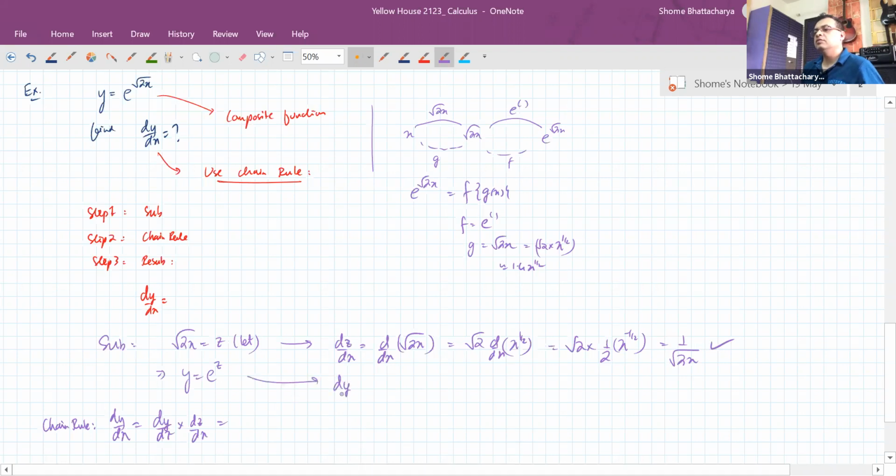Whereas what is your dy by dz? It is the derivative of e raised power z. That's e raised power z. Okay. So next step, this becomes e raised power z into 1 by square root 2x. And finally, then after that, do the resubstitution step. So in that, substitute z as root 2x. So dy by dx becomes e raised power square root of 2x divided by square root of 2x.